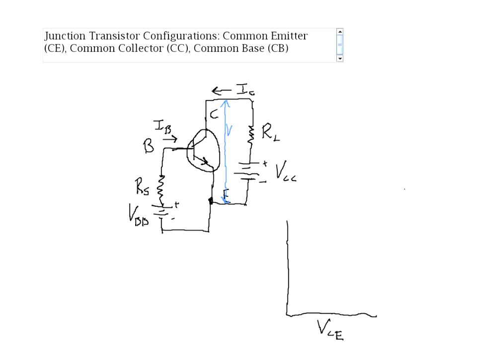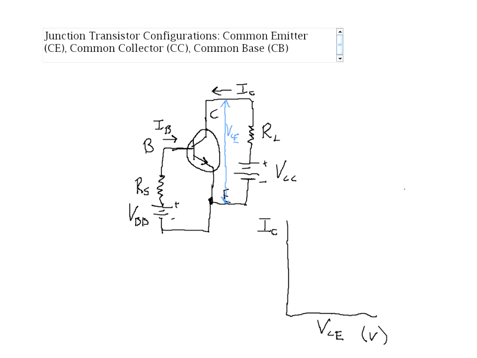So let's call that voltage VCE, the collector emitter voltage, and it's that voltage that I'm going to plot on the x-axis. This will be in volts. Then on the y-axis, let's plot the collector current, which is already labeled in the diagram as I sub C.